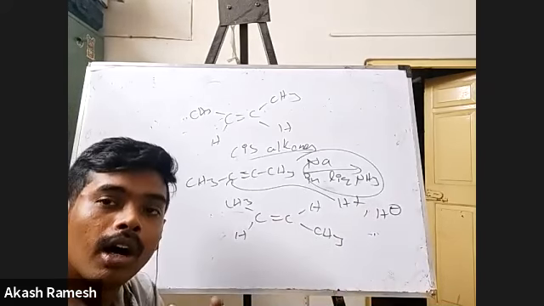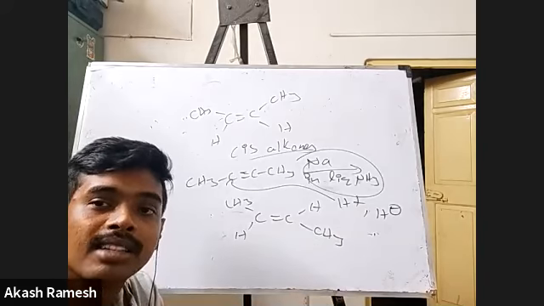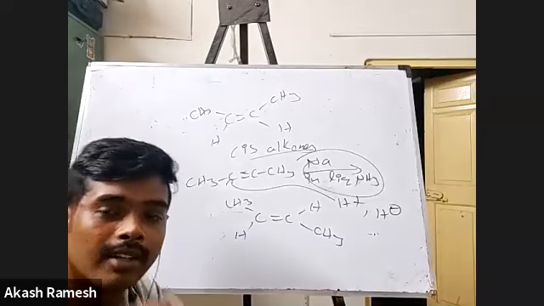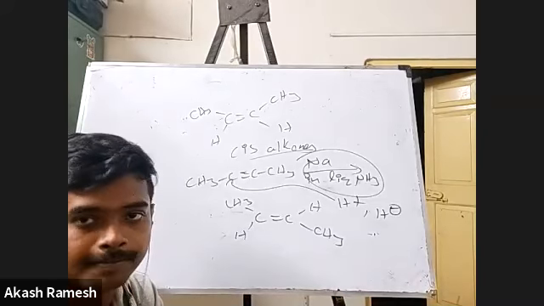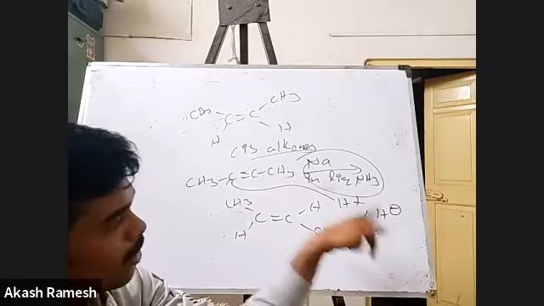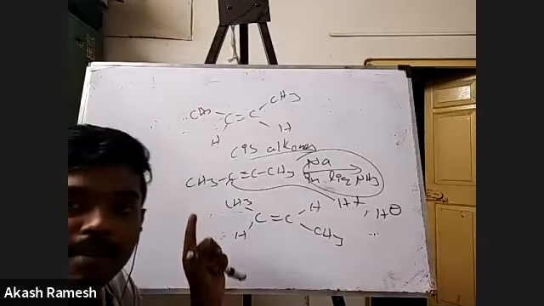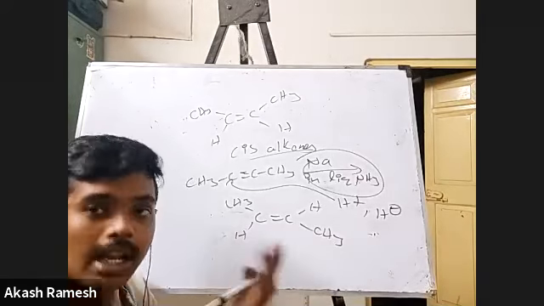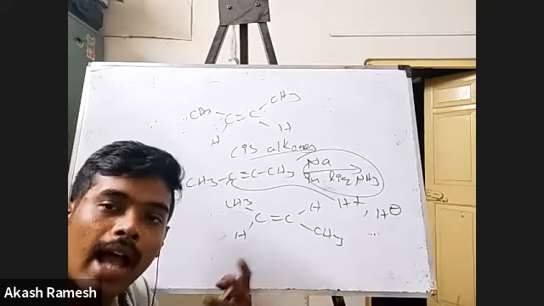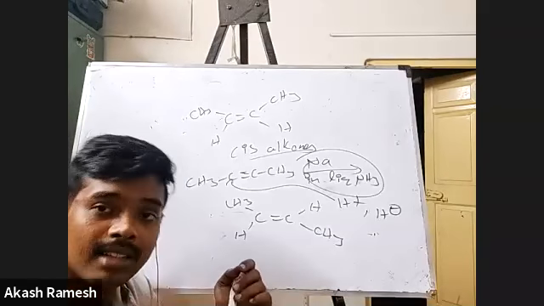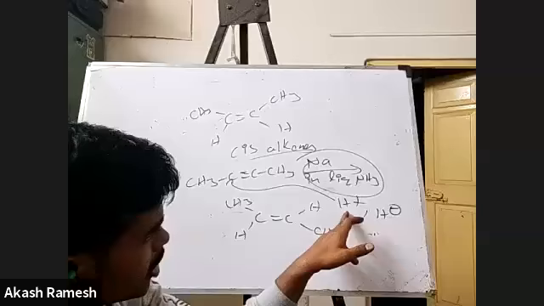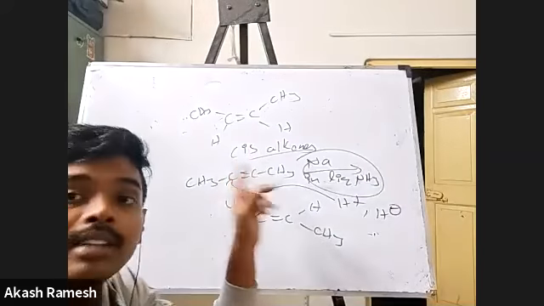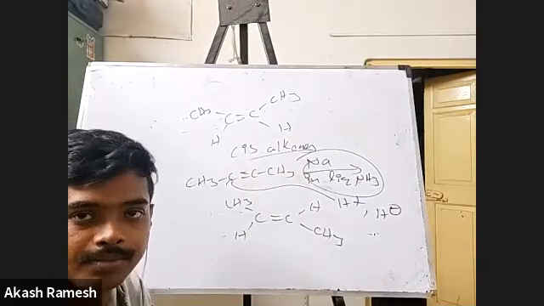So remember, organic reactions will always take place in a path which is easier for them, in the sense of where I have less energy to spend. If this H minus also comes from the bottom, it will suffer repulsion, and the reaction will require more energy. But there is another way. If this H plus comes from the bottom and this H minus goes to the top, then I will spend less energy.